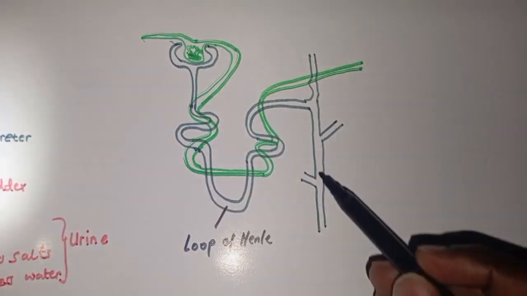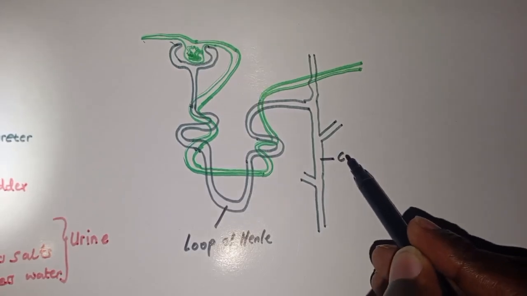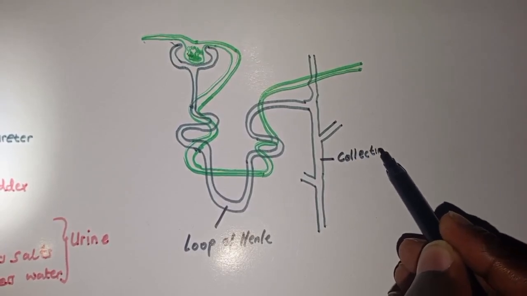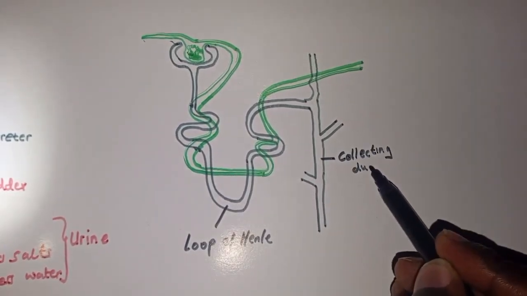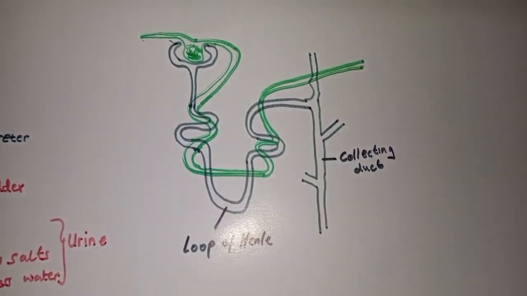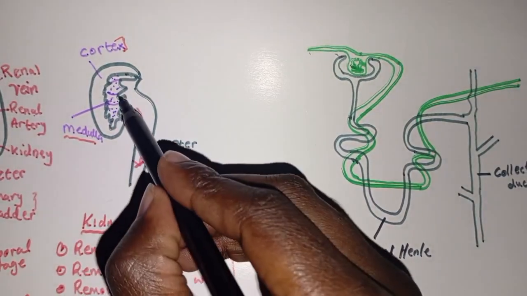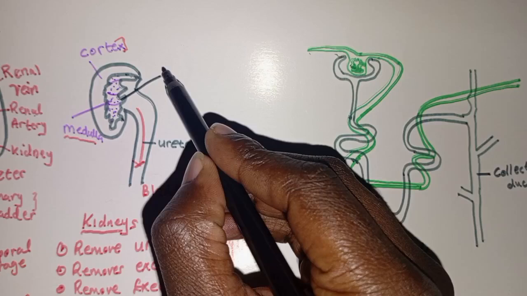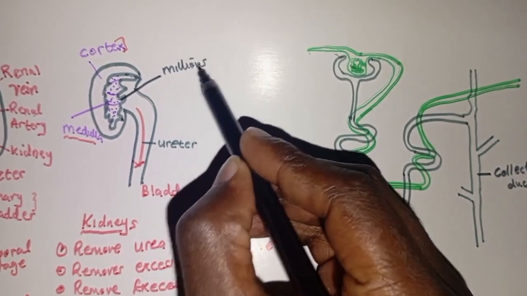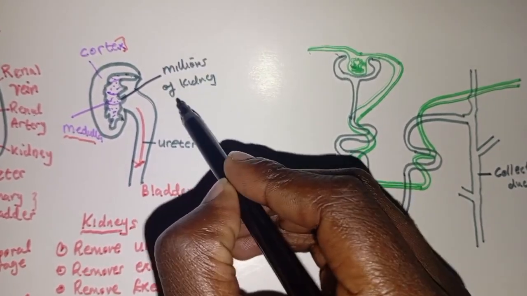Now this structure here you're going to see very soon. It is called the collecting duct, and there are many of them. These kidney nephrons are found just here in the medulla. So you find millions of kidney nephrons.